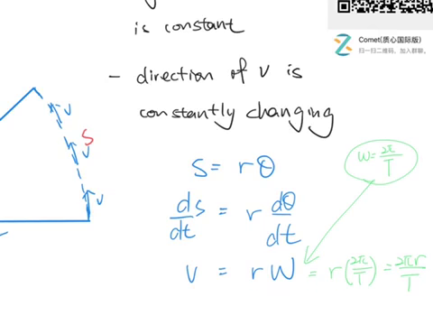It is easy to understand that 2 pi r is the circumference and T is the time for a circle. It is in accord with the definition of linear velocity, that is displacement over a time interval.